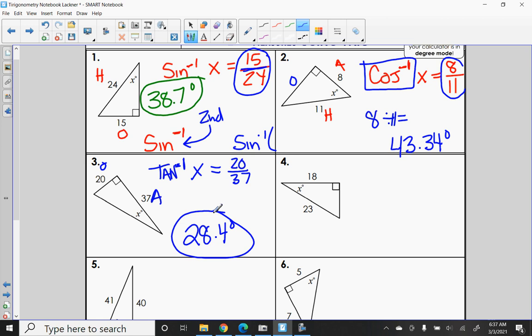All right, so all I'm going to do is show you how to set these up now. So here's your angle x. We're looking at this. This should be cosine for number 4 because your opposite is over here and it's blank. Cosine uses adjacent over hypo.